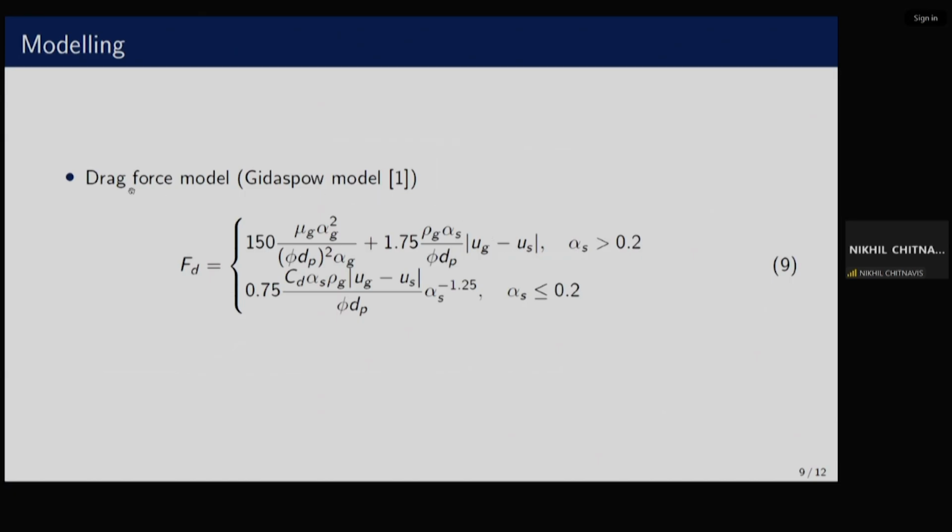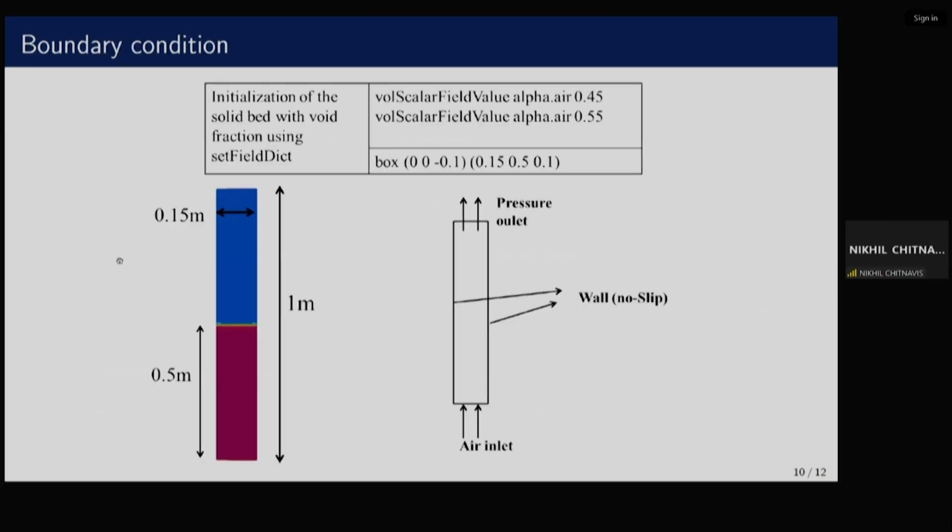For this fluidized bed, the standard drag model is called the Gidaspow model, which we're going to use as the source term in the momentum equation for the interfacial momentum transfer. For that, first we'll define our particle size, called dp, and based on that we're going to calculate the drag force.